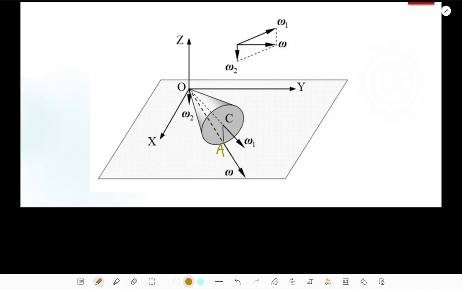And it means an instantaneous axis of rotation is passing through it.